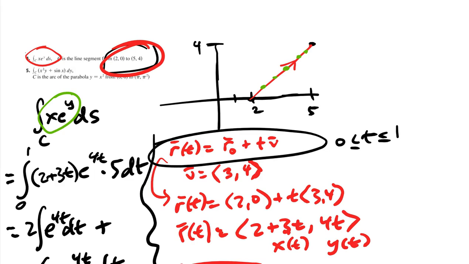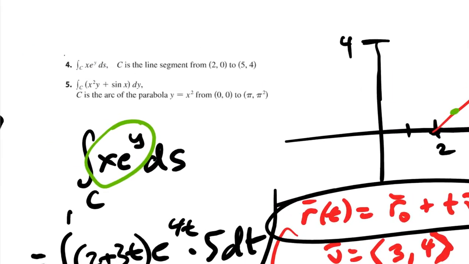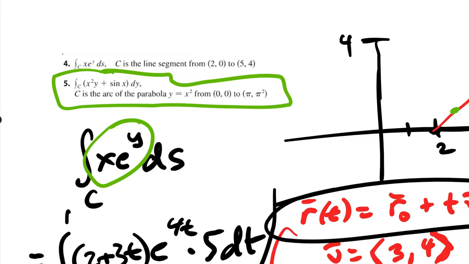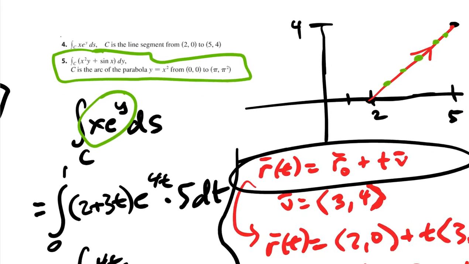It's defined on it. Okay, so what I wanted to do also is look at 5, because 5 is interesting. There's another way you can parameterize things. So let me rewrite it.